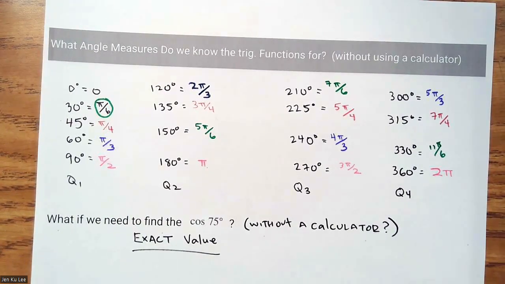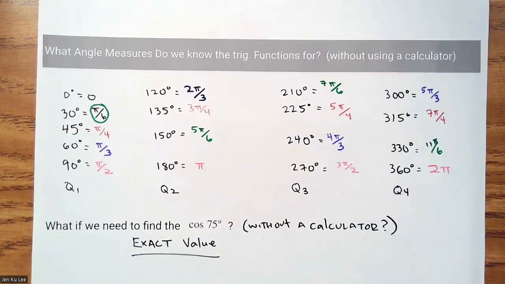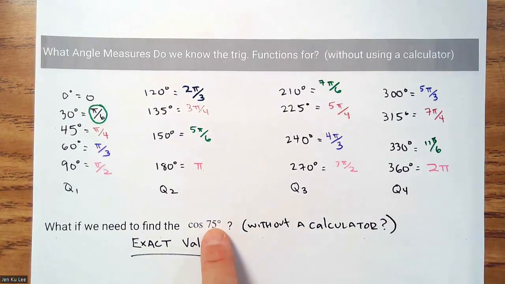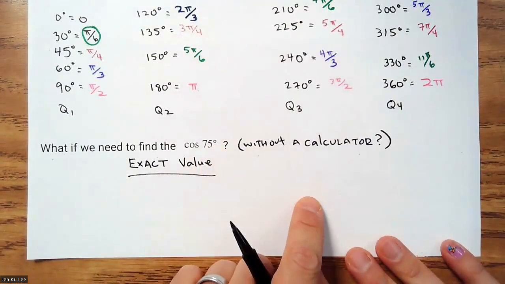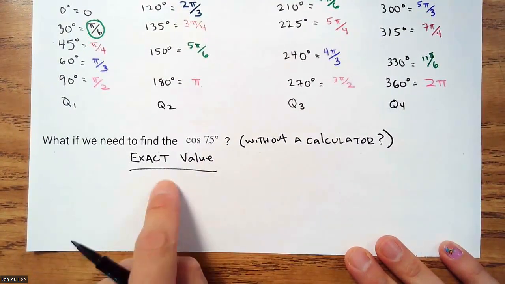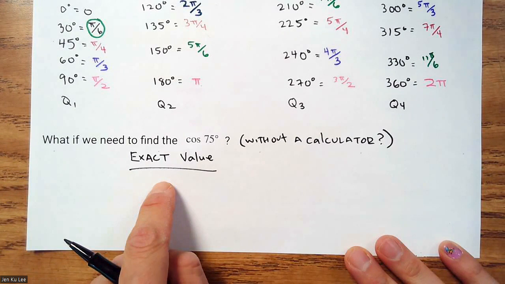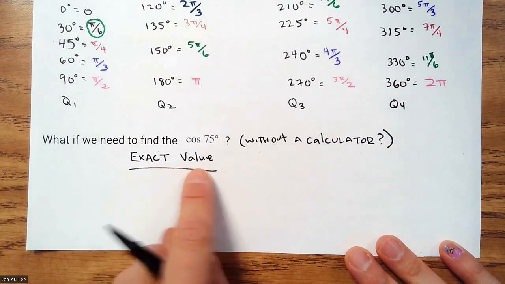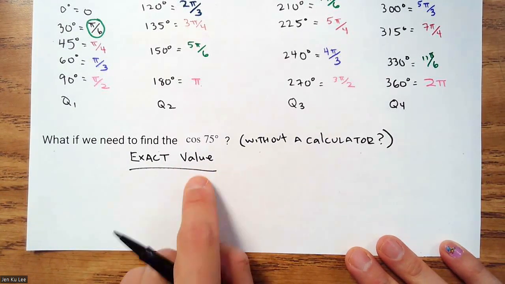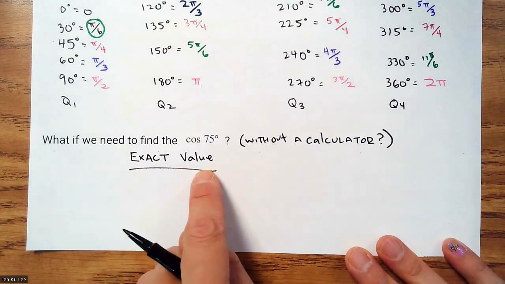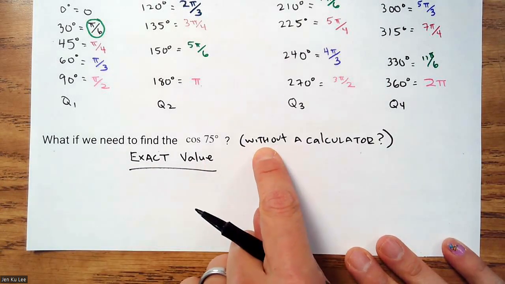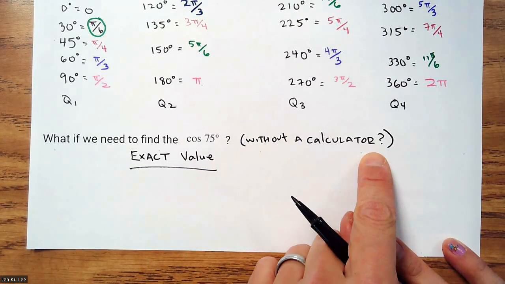If it's a whole number, then yes, but most likely cosine of 75 degrees is a decimal, so you're going to eventually have to round. That's not finding the exact value. So whenever you see the exact value, that means you can figure it out without using a calculator.